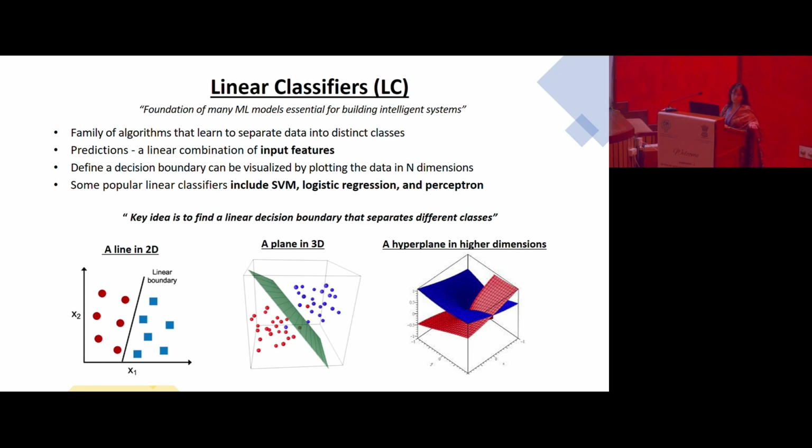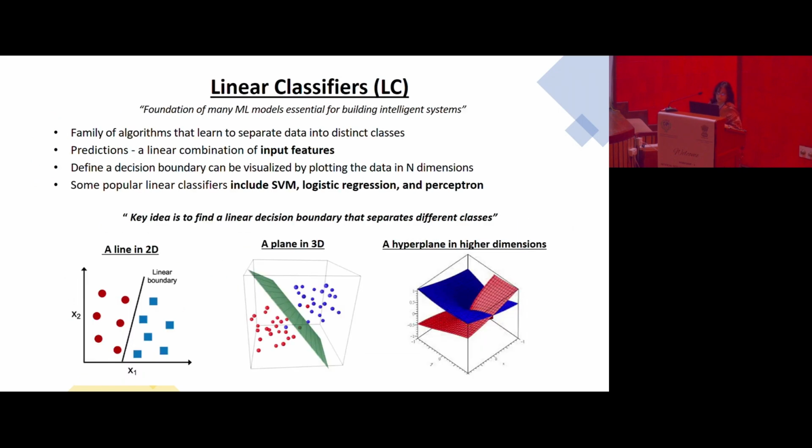Like I mentioned previously, the key idea is to find a linear decision boundary that separates different classes based on the input features. Decision boundaries can be visualized by plotting the data in different dimensions. For example, a linear boundary in 2D data can be viewed as a line, whereas in 3D data, it is viewed as a plane, and in higher dimensional data, it is viewed as a hyperplane.